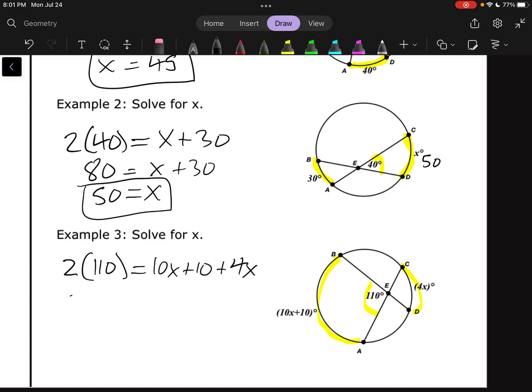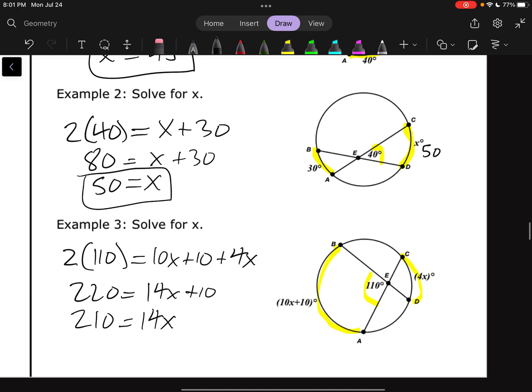So 2 times 110 is 220. 10x and 4x make 14x plus 10. So that'd be 210 is equal to 14x. And then all we've got to do is divide. So 210 divided by 14 gives me 15.